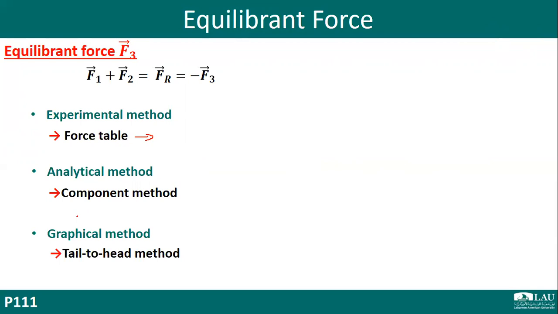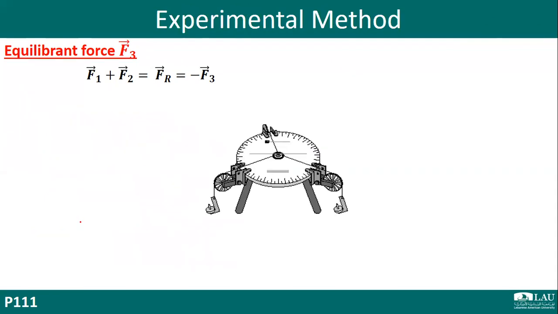The analytical method is based on the component method, and the graphical method is based on the tail-to-head method. So we are going to use two theoretical, or expected, methods to find the expected values, by calculating the components or by measuring, for example, the length converted to the magnitude of a vector. I will explain in detail what we are going to do in this lab report.